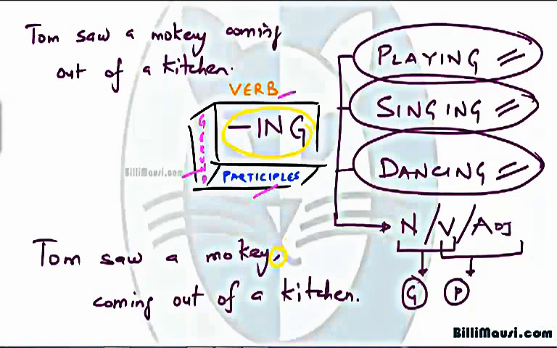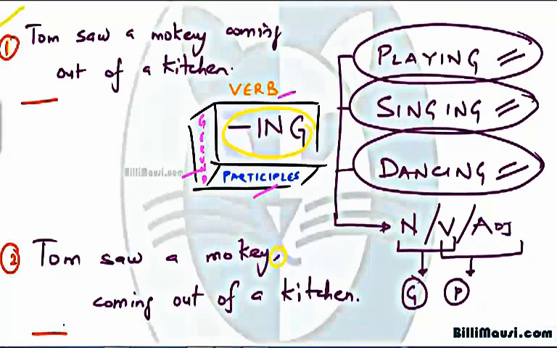So my question is, who is coming out of the kitchen? Let's make this sentence number 1, and let's make this sentence number 2. Who is coming out of the kitchen? Sentence number 1 and sentence number 2.